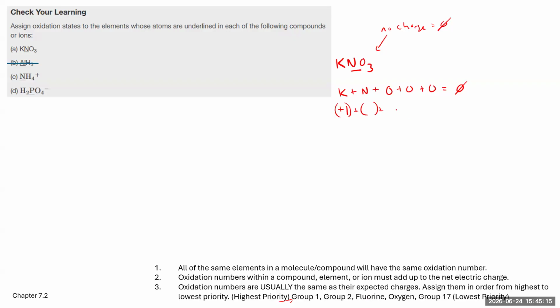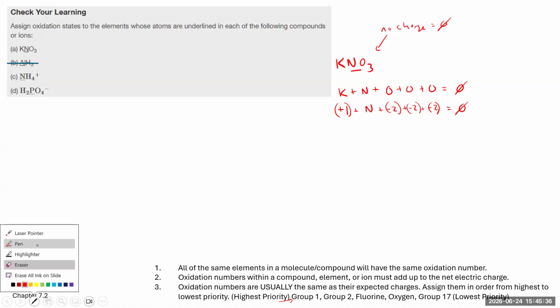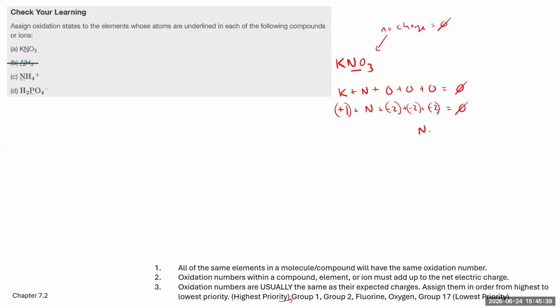Oxygen now is -2. Let's add all this up: -2, -2, -2, +1. We still have nitrogen, which is what we're looking for anyway, right? But we have N plus 5 equals 0. We subtract 5 from both sides, N equals -5. So the oxidation number for nitrogen is -5.